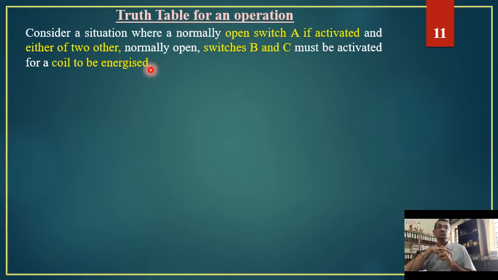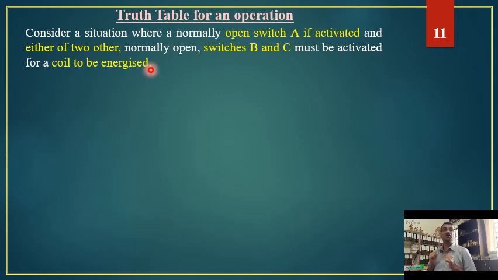So what is the situation? We must have three switches A, B, C. Whenever we activate A and any one of the two switches, either B or C, then the output coil connected must be energized. This is the condition given and we have to write a truth table for this one.